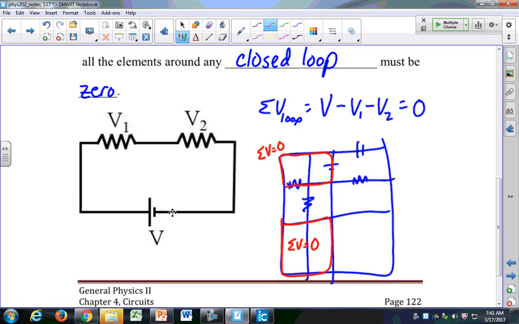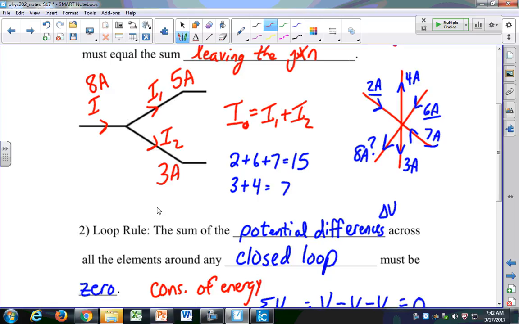I can just take one small part of the circuit and say the sum of the voltages around this particular closed loop have to equal 0. Because anytime I have an electron, it has a certain amount of energy at this point. It travels through this circuit. It has to have the same amount of energy at that point. Okay, so the loop rule is based on the conservation of energy. Let me write this. So based on conservation of energy, whereas the junction rule is based on which law of conservation?